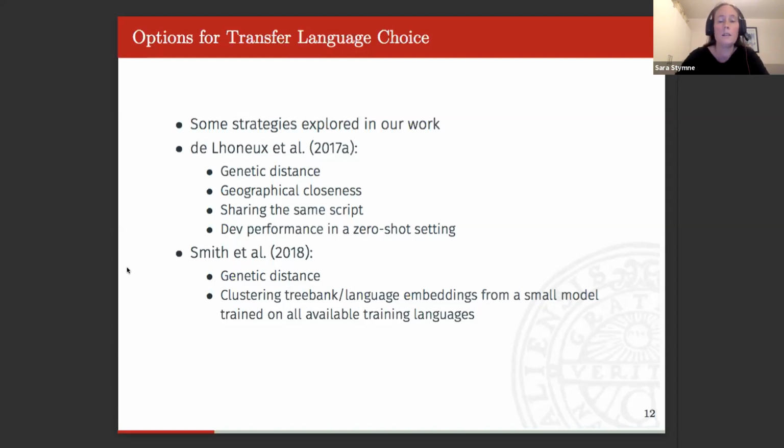And in our CoNLL 2018 submission, we again used genetic distance. And then we also tried to cluster the treebanks using the language embeddings coming out of a model by training a model on relatively little data, but from all available training languages. So the intuition here would be that the languages whose language embeddings are close in this space would probably also be useful in a cross-lingual model.